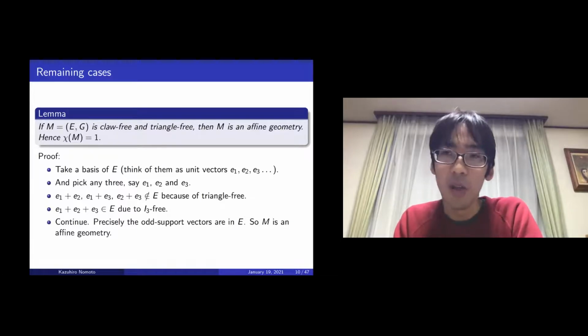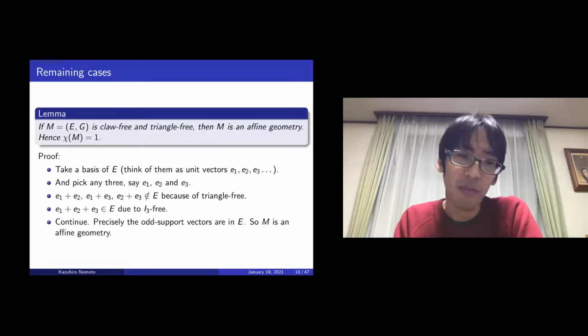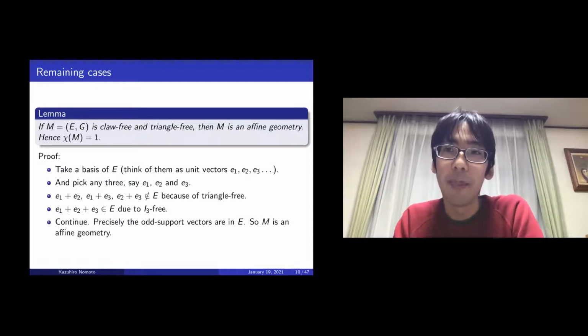What you end up with is that all the odd support vectors are in E and the even ones are not. That means you're an affine geometry. It's one characterization of an affine geometry. So in this case, claw-free, triangle-free, you're an affine geometry. In particular, chi is going to be 1 because there's a hyperplane that avoids the elements of your matroid.